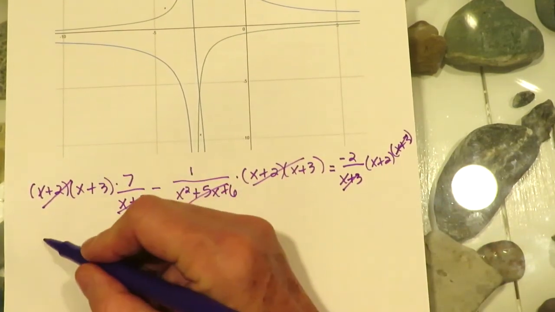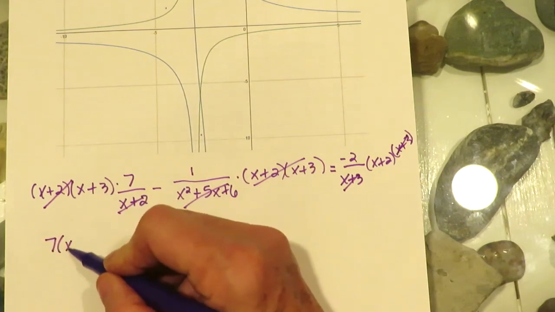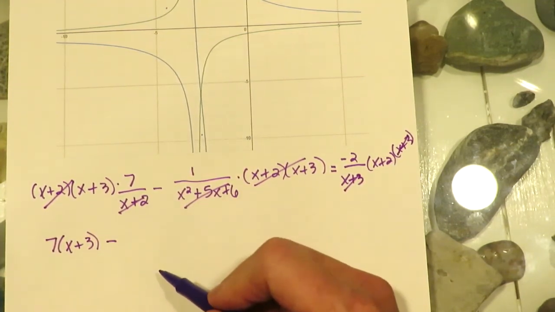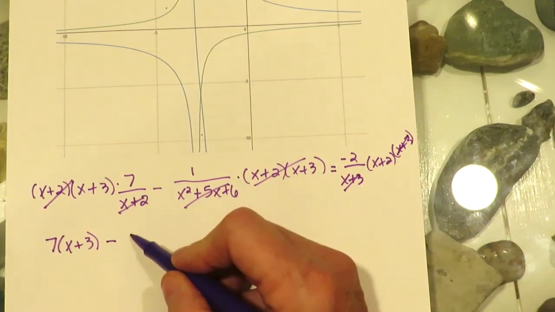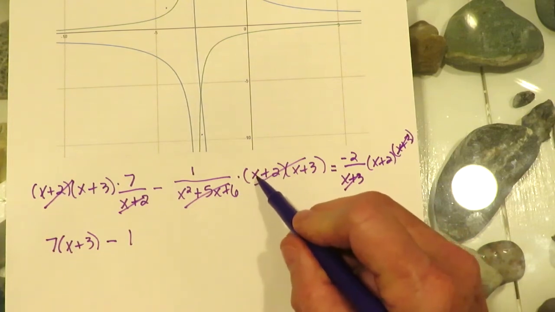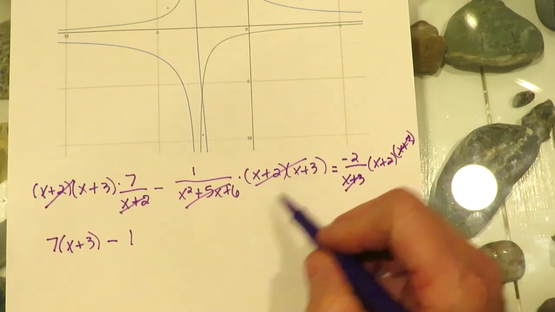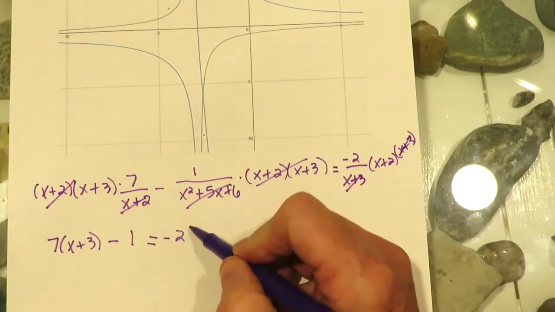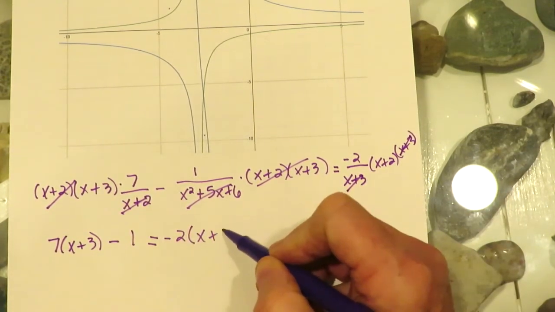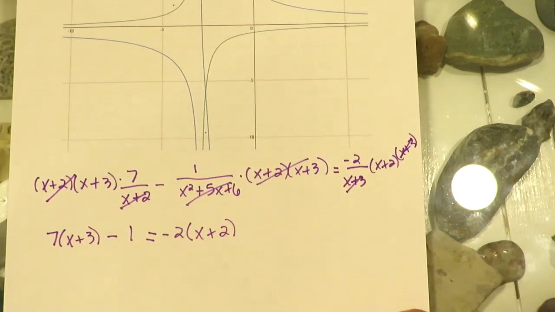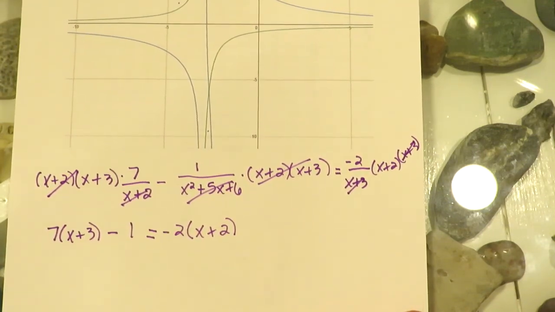All right, so I'm left with 7 times x plus 3 minus 1, because this whole entire denominator got canceled by both of those factors. So I'm just left with 1. And then on this side, I will have negative 2 times x plus 2. Oh my goodness, that big messy step really reduced down to something pretty clean.